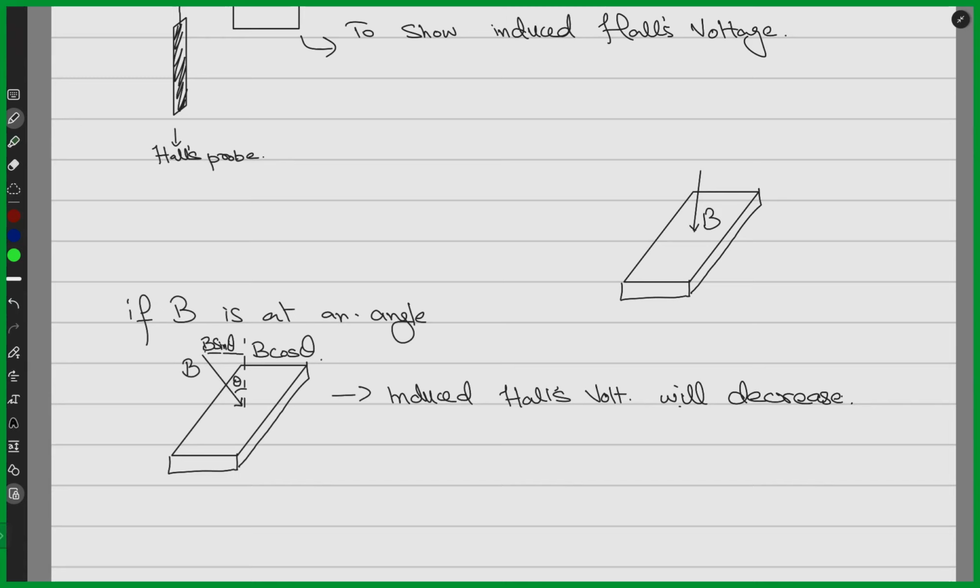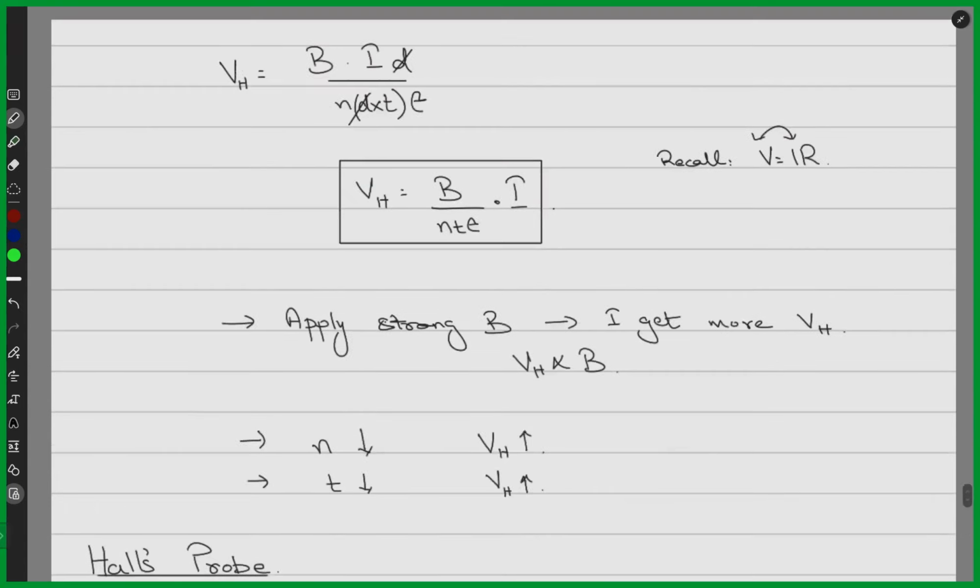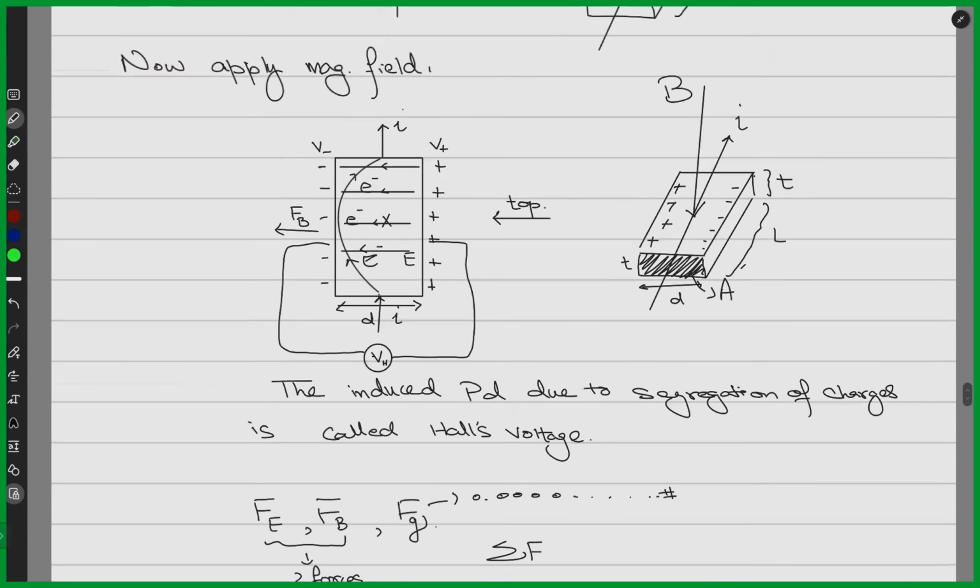Again, if you're confused why that is so, if you go back to this figure, only if you apply the field perpendicularly to this slice will the force on the electrons cause them to sit on one side of the conductor, while the other side becomes oppositely charged, so it becomes positively charged.